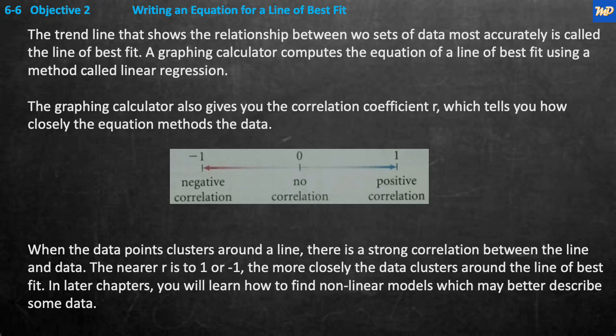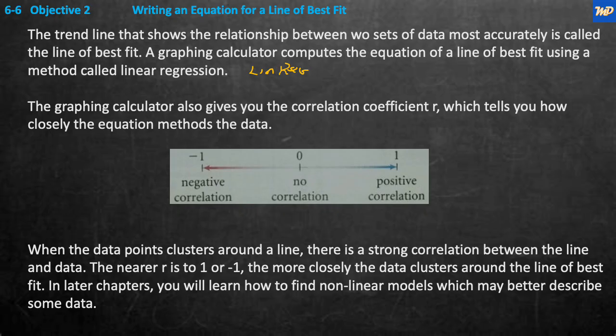Okay, and when you see it on your calculator, it's going to be LinReg, L-I-N-R-E-G. Okay, linear regression. The graphing calculator also gives you the correlation coefficient, R, which tells you how closely the equation models the data.